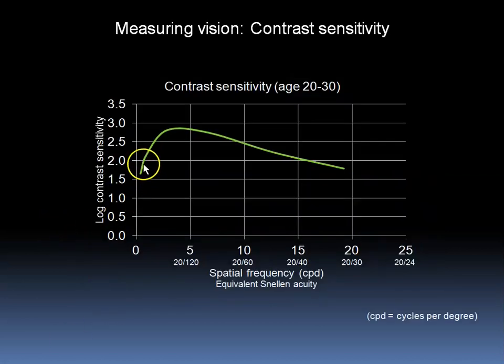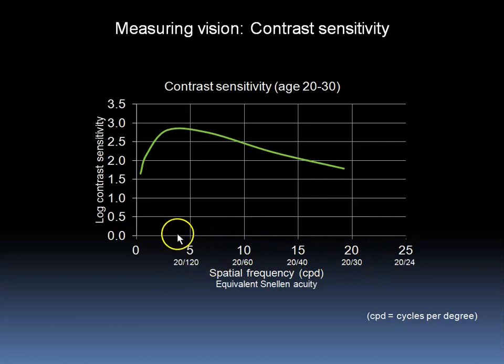The contrast sensitivity is shown here of a typical person at this age. The log of the contrast sensitivity is on the y-axis and the spatial frequency or size of the object on the x-axis, which can be described as cycles per degree, or the equivalent Snellen, which would be 20/120 here, or 20/40 here, or 20/30.